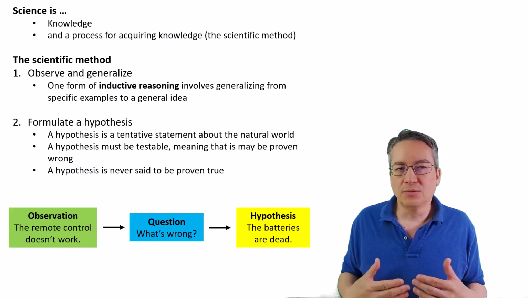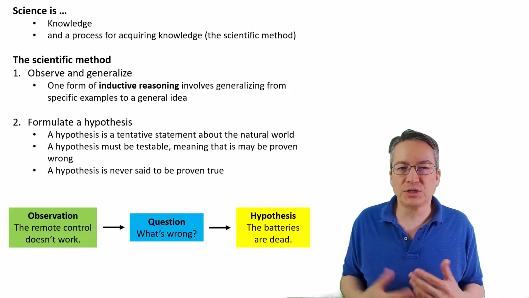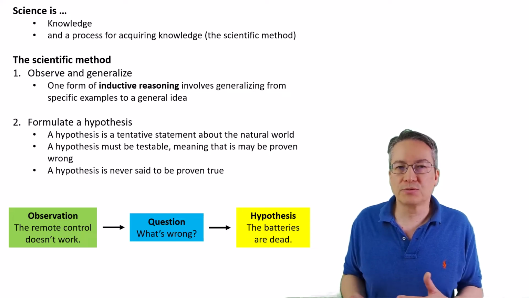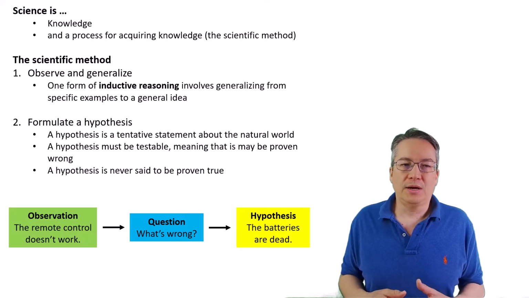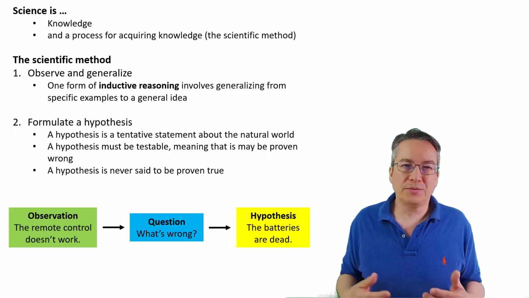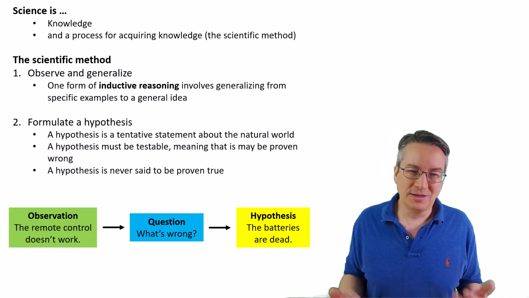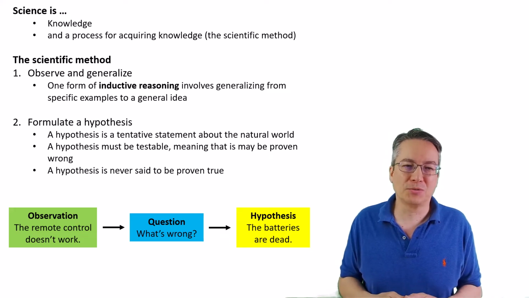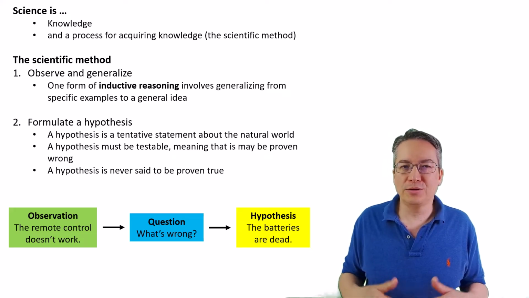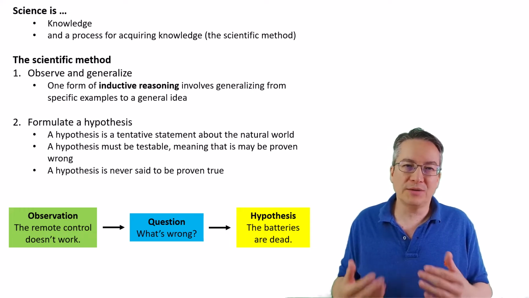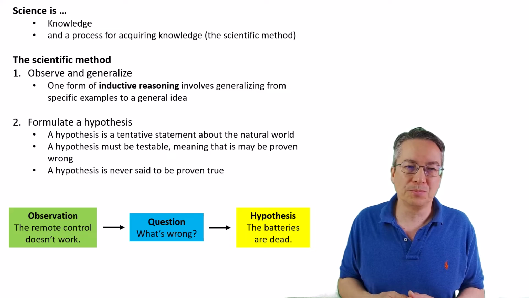What is it? Well, one form of inductive reasoning involves generalizing from a specific example or examples to some sort of general idea. So at this point in your life, you've experienced batteries going dead and electronic devices not working. So you're essentially doing inductive reasoning. You don't own every single electronic device in the world.